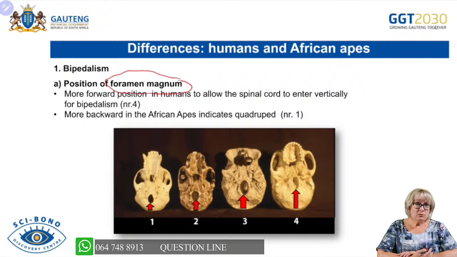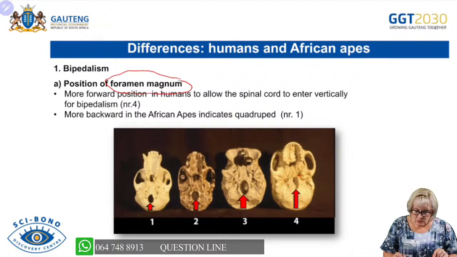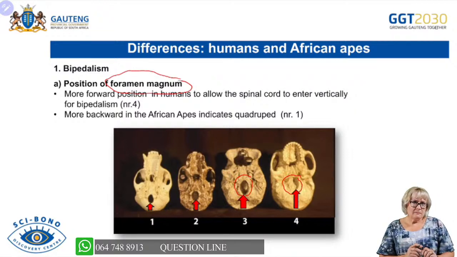Do you know where your foramen magnum is? You have one. You definitely have one. Where's the foramen magnum? At the bottom of your skull. All right. If we look at the photos here, it is that hole that you will find at the bottom of the skull.